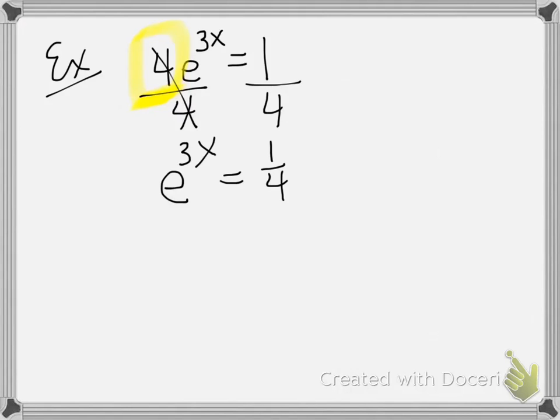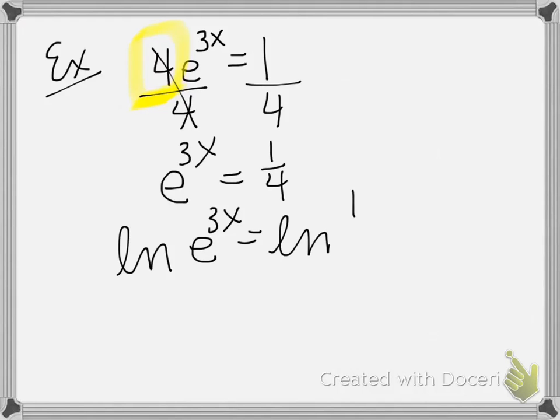Now I can use the inverse, which is ln. So I'm going to use ln of e to the 3x equals ln of 1 over 4. ln cancels with e, and we have 3x equals ln of 1 over 4.